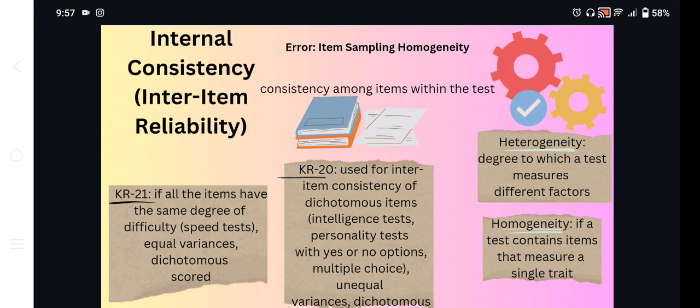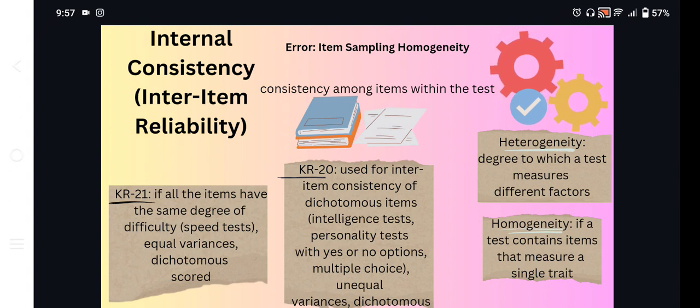Internal consistency, inter-item reliability. To sum it up, ang error po natin dito is item sampling, homogeneity. Used when tests are administered once. Consistency among items within the test. It measures the internal consistency of the test, which is the degree to which each item measures the same construct.